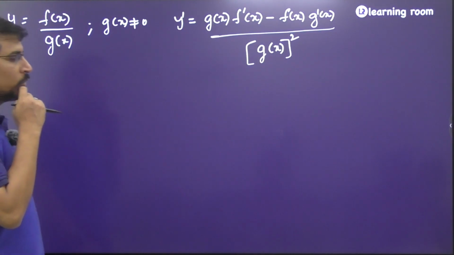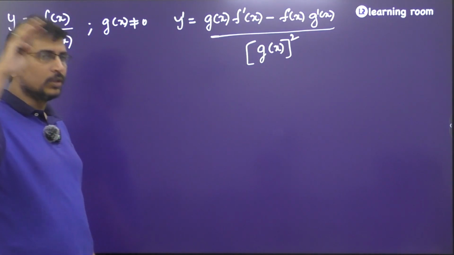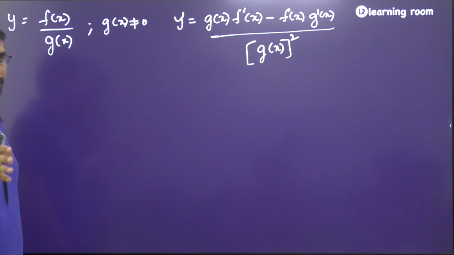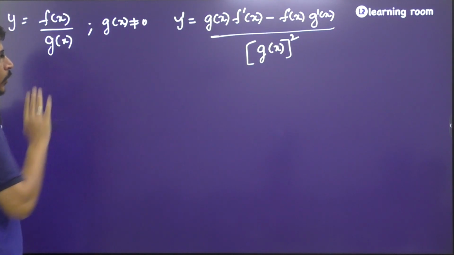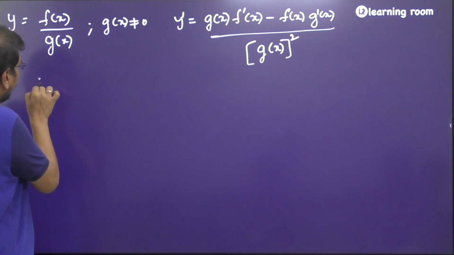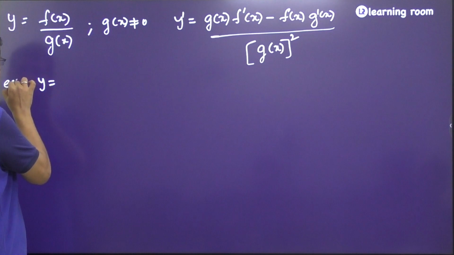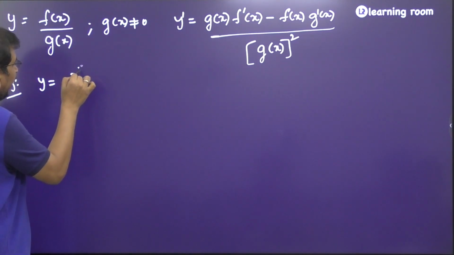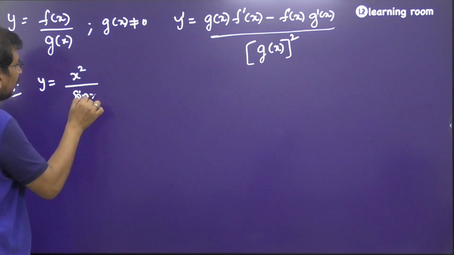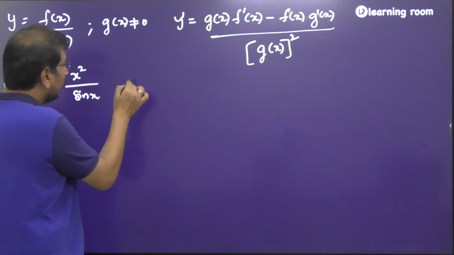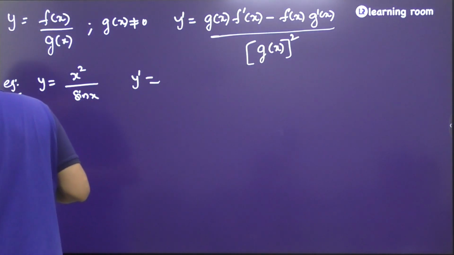Okay, for that you need to know the concept of domain, which you learn in relations and functions in your mathematics. As of now, you have this in your mind. So if I take an example, y is equal to x square divided by sin x. What is y dash?